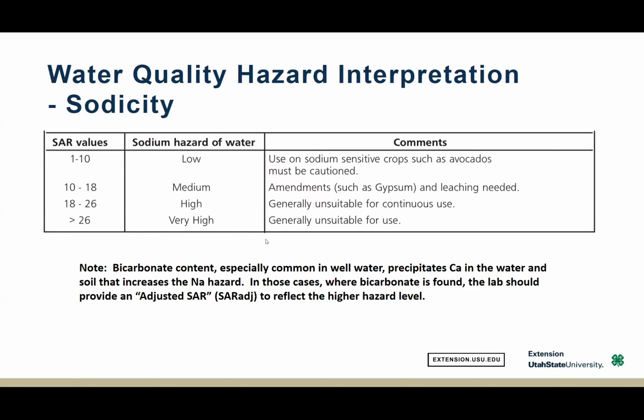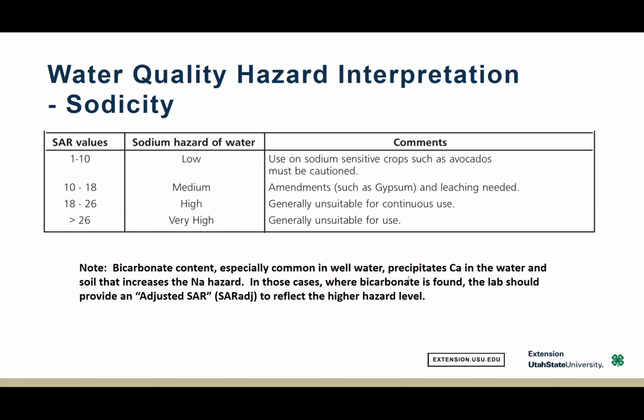One of the things we need to point out, in particular when we're using a well water, for instance, is that bicarbonate content is one of those facets of an irrigation water suitability test report I mentioned. This is a common constituent of well waters in many places around the state. Bicarbonate will precipitate with calcium in the water and in the soil, and that then increases the sodium hazard because it increases the ratio of sodium to the free calcium.